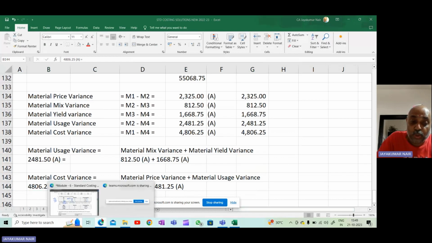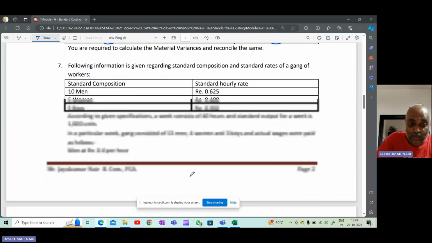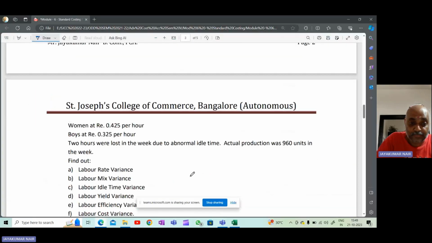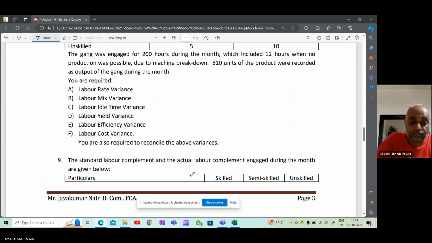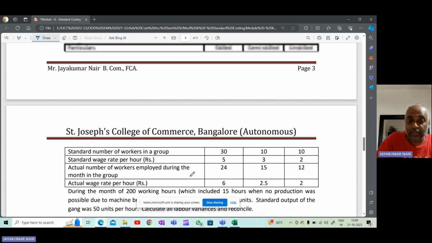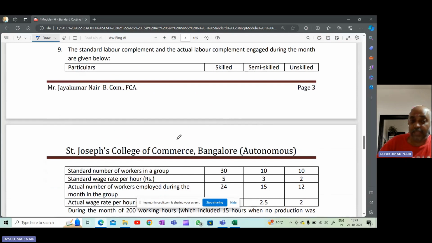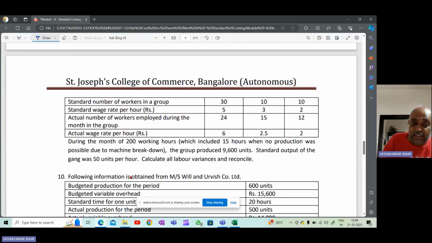So moving on to labor variance. We will take one question on labor variance, question number 9. The standard labor component and the actual labor component engaged during the month are given below: skilled, semi-skilled, and unskilled workers. They have given you the standard number of workers in a group.